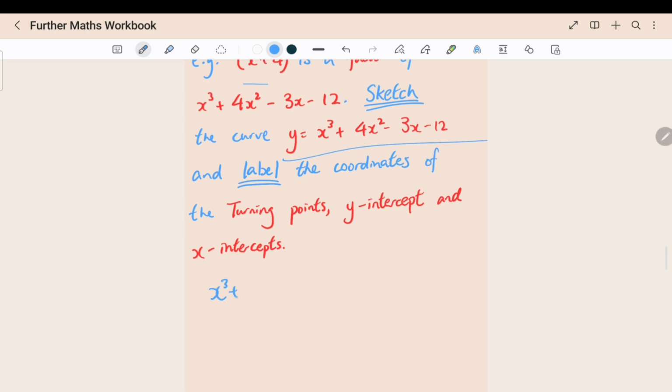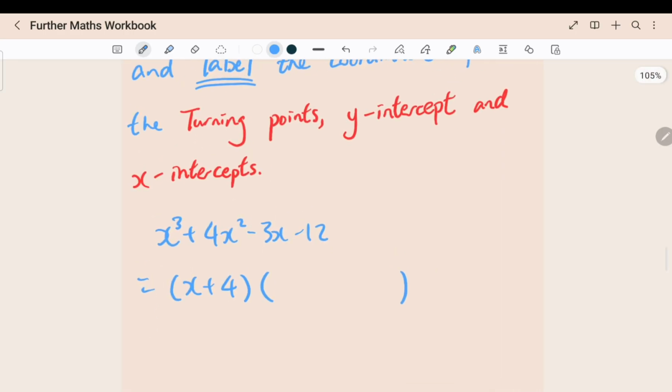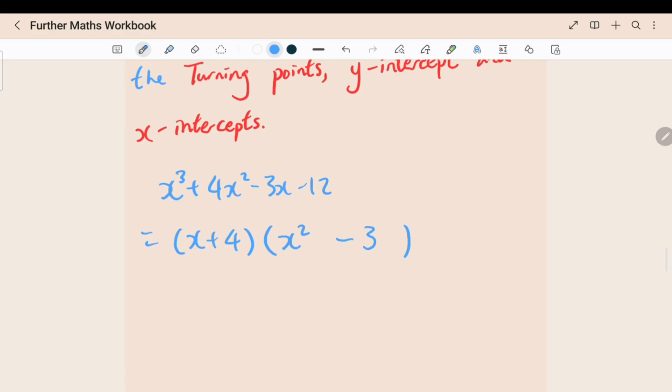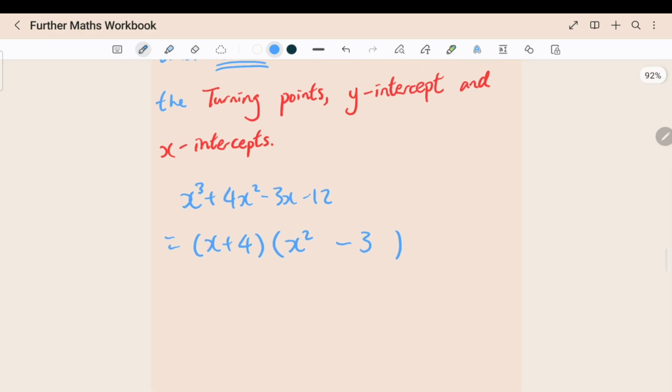So we have x cubed plus 4x squared minus 3x minus 12 equals x plus 4 times some sort of quadratic. So to get to x cubed, I must have x squared. To get to minus 12, I must have minus 3. And if we compare the x term, we get minus 3x here, which is perfect because I have minus 3x there. So I actually don't have a b term. So this will be my fully factorized version.